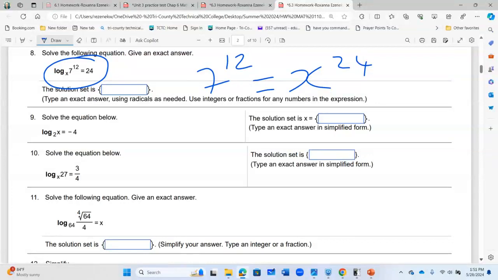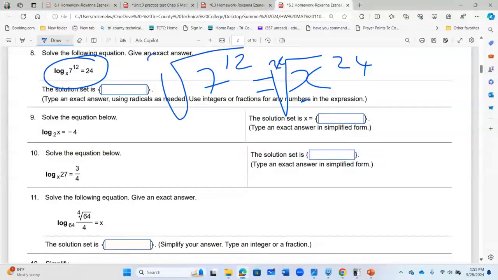First of all, we change it to exponential form, and then we can find the factors. So x to power 24 is equal to 7 to power 12. Take the 24th root of both sides, because it didn't say to solve without using a calculator. It says type an exact answer using radicals as needed, so I'm going to use radical 24 right here.